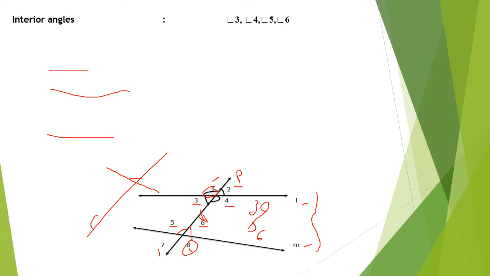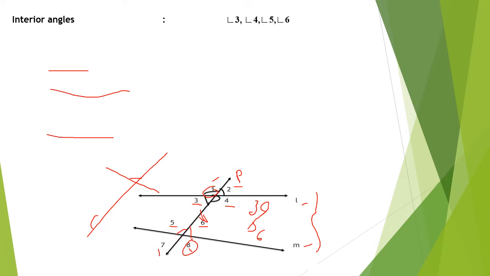Here can you see two parallel lines L and M. In between these two lines, you have some angles. What are the interior angles you have? 3. I'll underline so it will be easy to identify. 3, 4, 5, 6 are the interior angles.